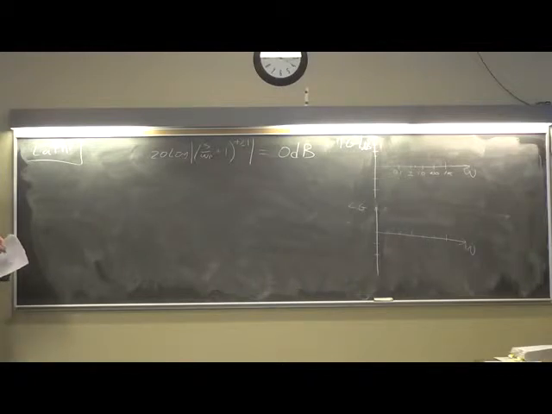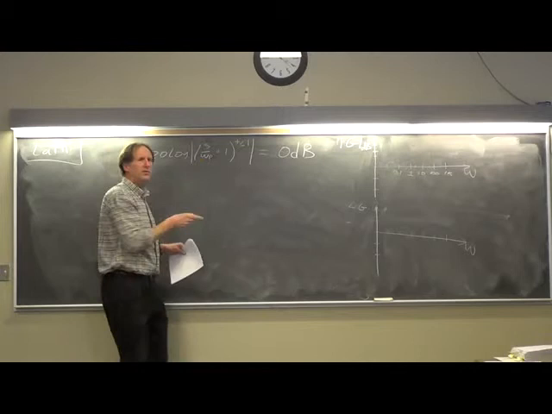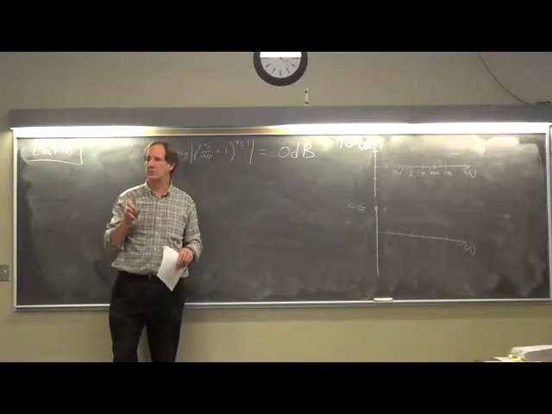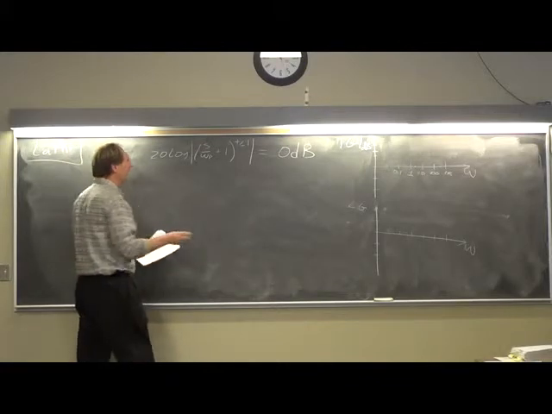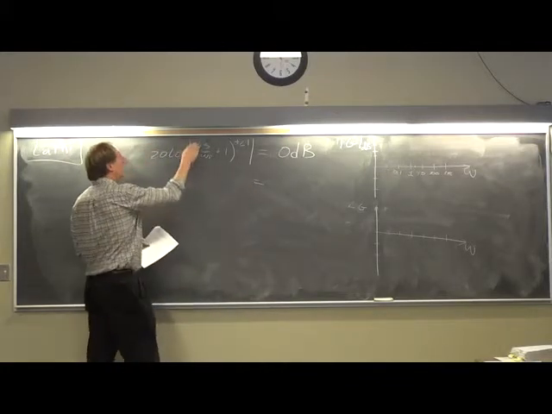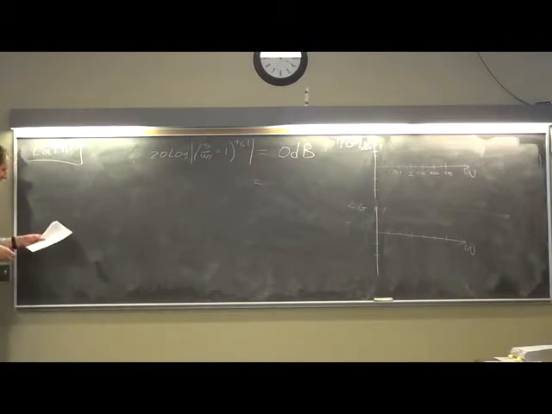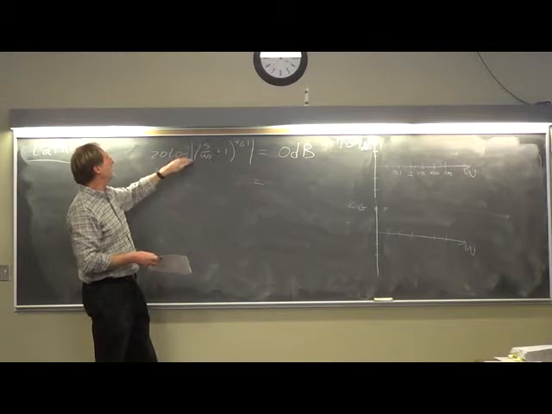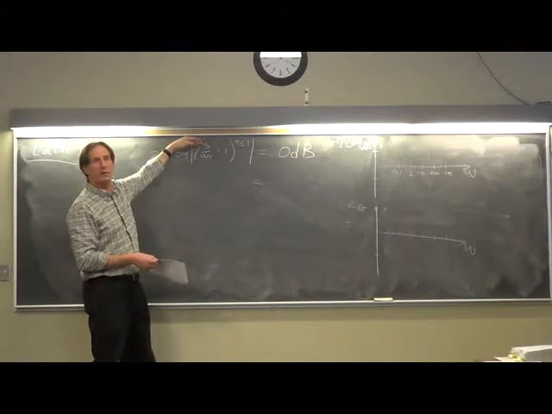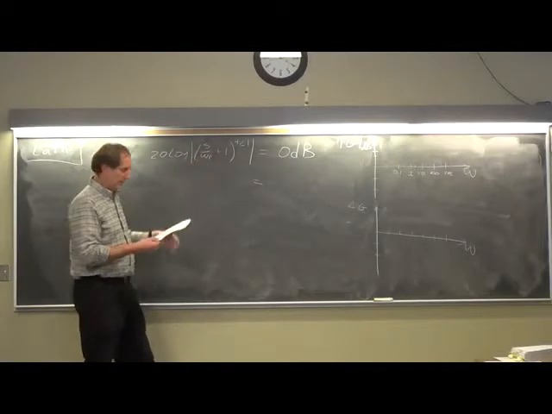For really low frequencies, we have 0 decibels, which is a gain of 1. For really high frequencies, when s is much, much higher than omega p, you can ignore this term, and you're going to get 20 log frequency divided by 20 log omega p.